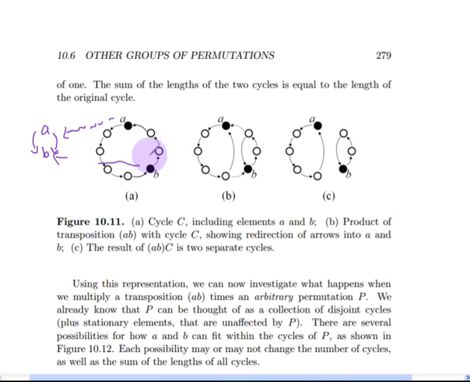Okay, so the action of this 2-cycle AB on this cycle is essentially to break this cycle up into 2 smaller cycles. This cycle has length 1, 2, 3, 4, 5, 6, 7, 8. This cycle has length 1, 2, 3, 4, 5. This cycle has length 3. Notice the sum of the lengths of these cycles is equal to the length of this cycle.